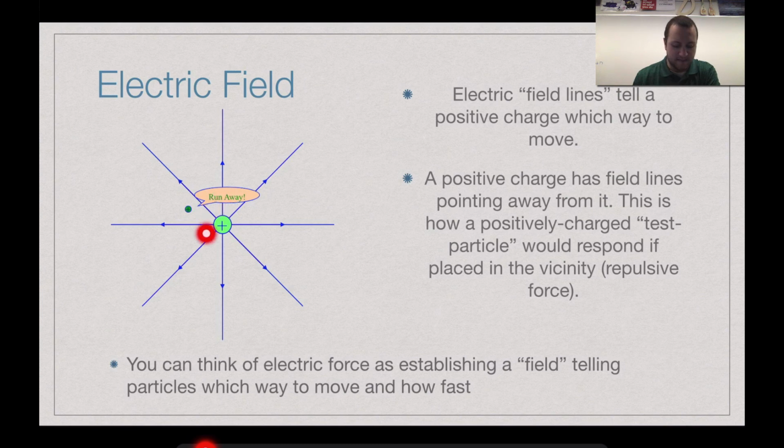By taking a positive charge and using a positive test particle, what is observed is that the test particle moves away from that positive charge. Thus, the field lines are drawn with how a positive charge will respond within an electric field.